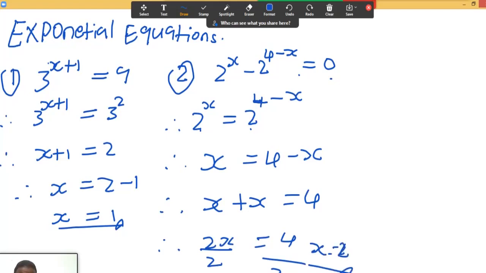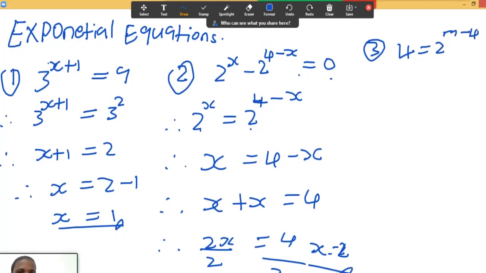So that is how we deal with these equations. Let's quickly look at our next example, example 3. We have 4 equal to 2 to the power m minus 4, and we have to solve for m.